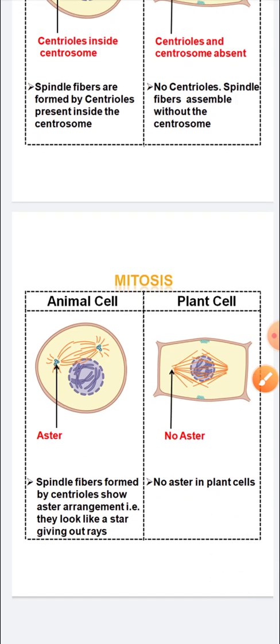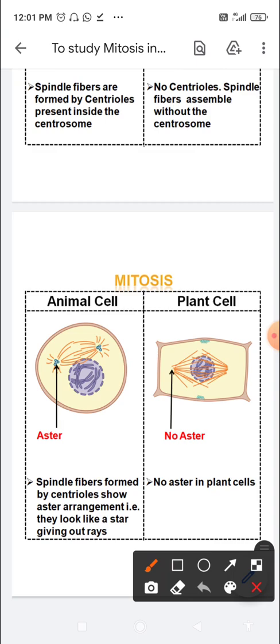Next is the formation of aster. You will see that aster formation, star-like, takes place only in the animal cells, whereas this aster formation is not found in the plant cells. So spindle fibers in animal cells formed by centrioles show aster arrangement. What is this aster arrangement? They look like a star giving out rays.